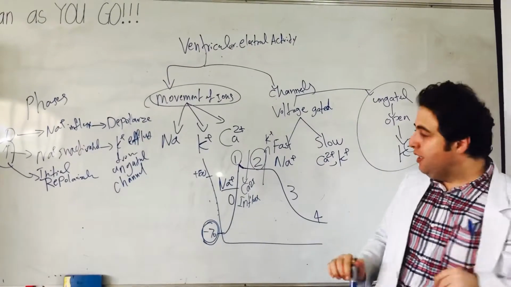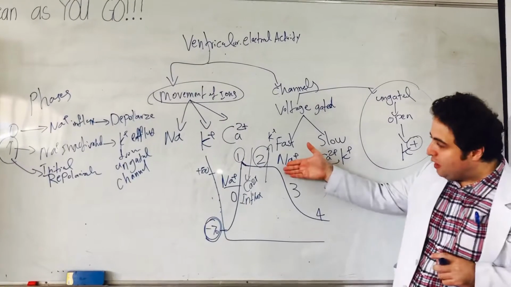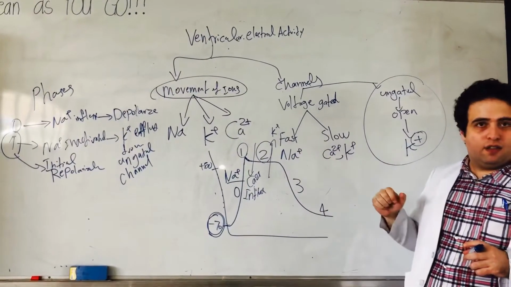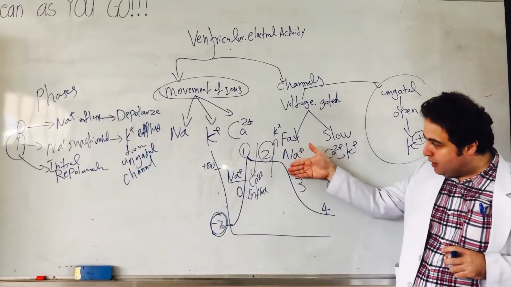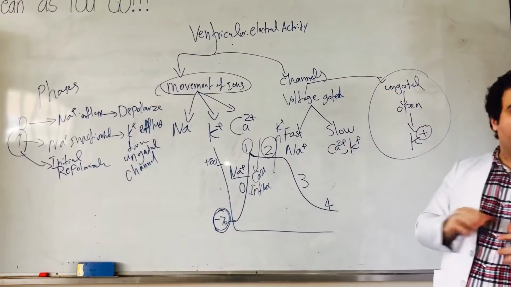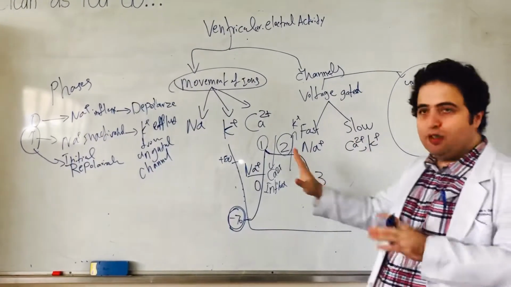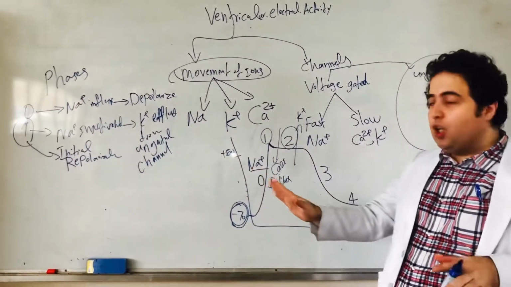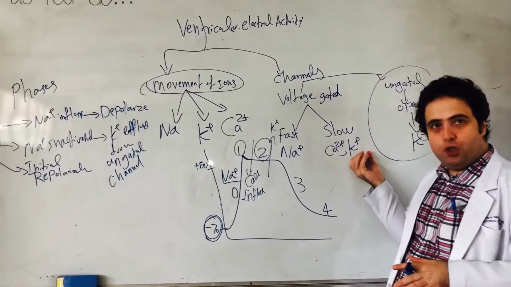Very good. Let's go to phase 3. As you see the phase 3, the cell becomes repolarizing. Correct? What does it mean? Meaning to say, calcium channel closes, only the positive ion channel will be open, which is potassium.